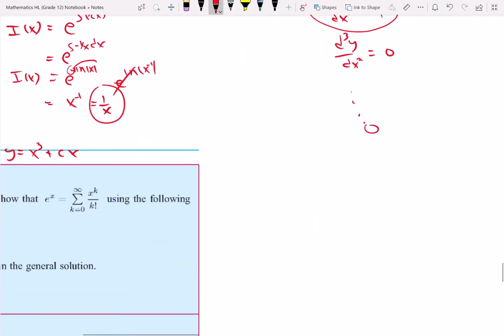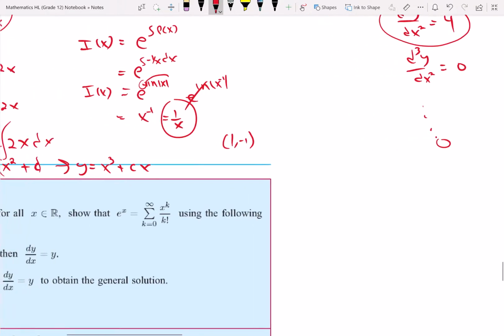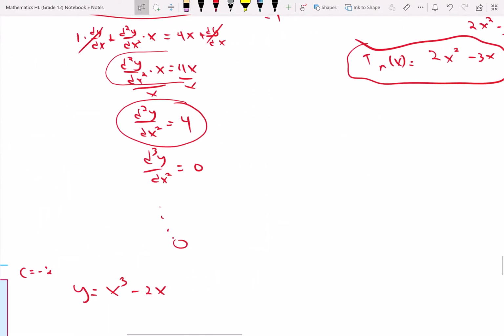So our initial condition was 1, negative 1. If I plug that in to find the c value, I basically get c is negative 2. And so we end up with y equals x to the third minus 2x, which should be the same thing we got up here.